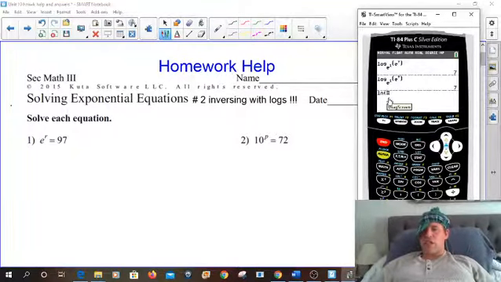For example, if I did e to the 7, you can see they cancel each other out again. Awesome. Okay, they cancel each other out.